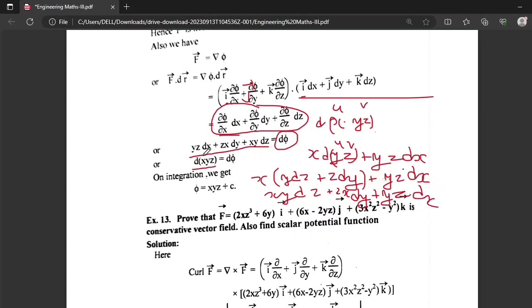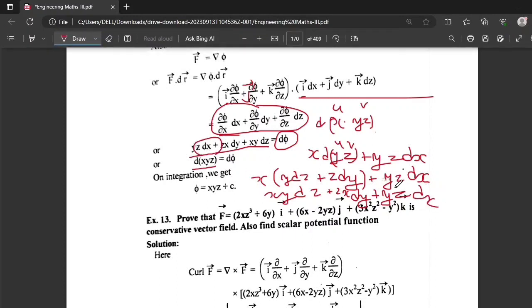So yz dx, zx dy and xy dz can be written as the derivative of xyz.